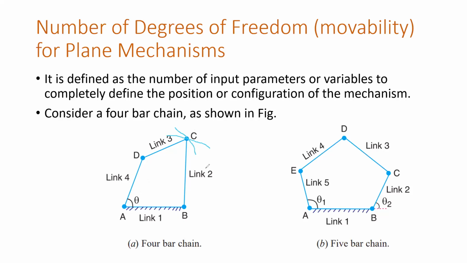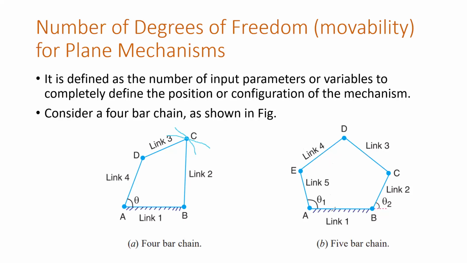Second, in case of 5-bar chain, as we also discussed in the previous class, a single variable theta 1 will not be sufficient in order to locate all other links. I need to provide at least two variables, theta 1 and theta 2, in order to completely locate all these 5 links.